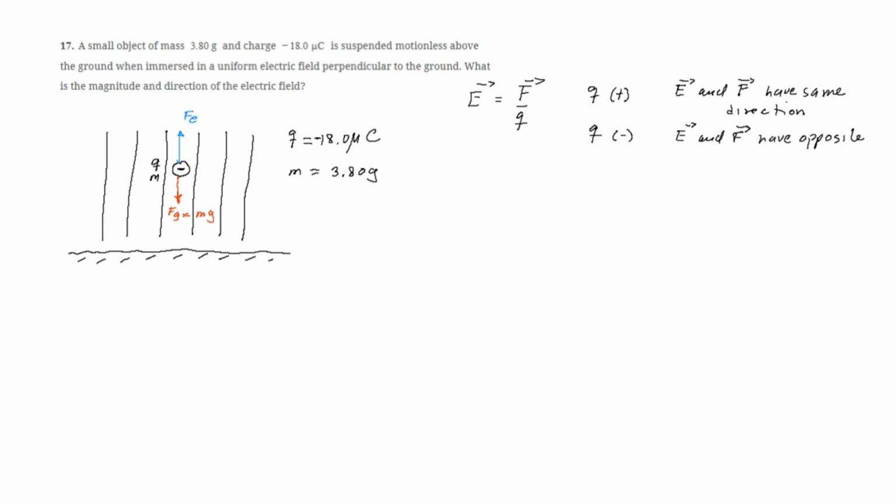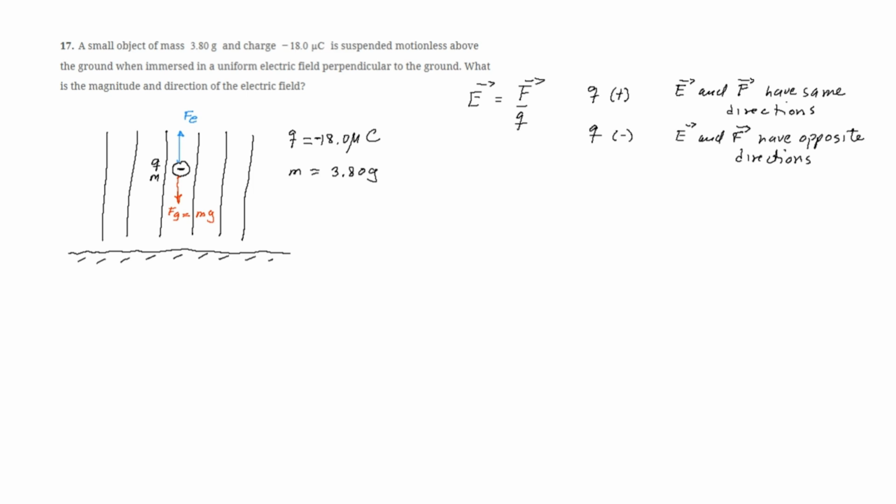So that means I have a negative particle here, and I have a force that points downward. That is the electric force that needs to balance the force of gravity.